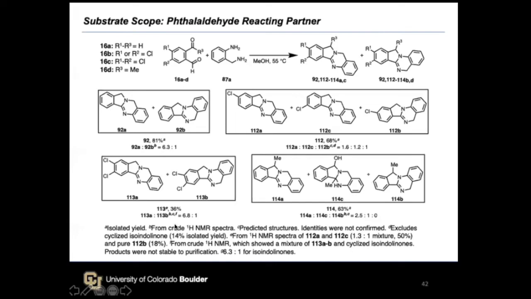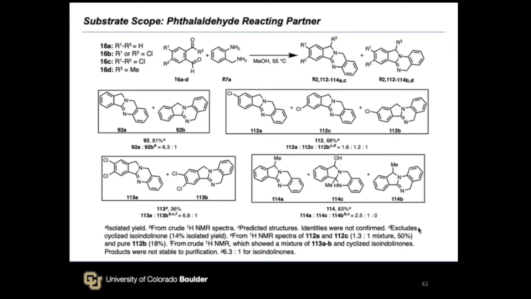But as expected, we observed both of the 2 expected regioisomers, and the regioselectivity was similar to the unsubstituted. We also investigated the effect of benzylic substitution with a methyl group, which would give product mixture number 114. And a moderate yield was obtained for that one.